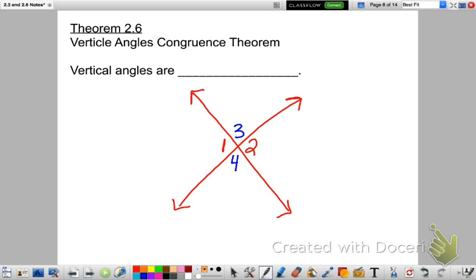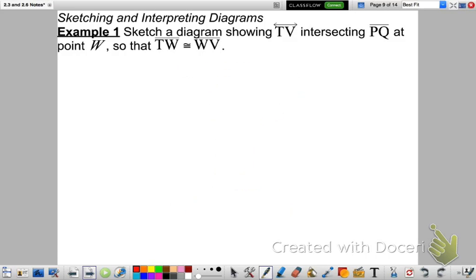So that means 3 and 4 are congruent to each other, and then 1 and 2 are congruent to each other. So vertical angles are congruent. Okay.